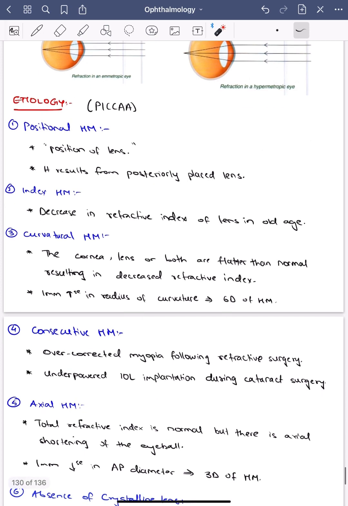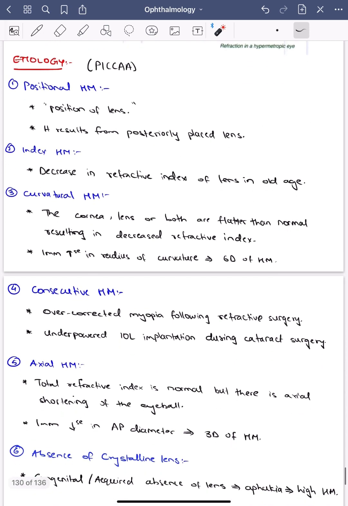So again, the etiology of hypermetropia, remember, PICCAA. Positional hypermetropia due to posteriorly placed lens. Index hypermetropia, that is, in old age there is a decrease in the refractive index of the lens. Then curvatural hypermetropia due to the flattening of the cornea, lens, or both the cornea and lens. And for every 1 millimeter increase in the radius of curvature, there are 6 diopters of hypermetropia.